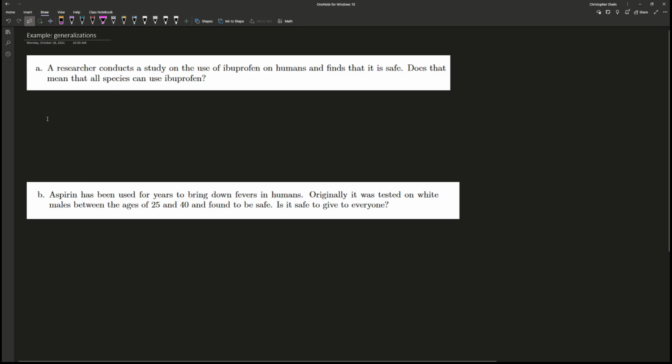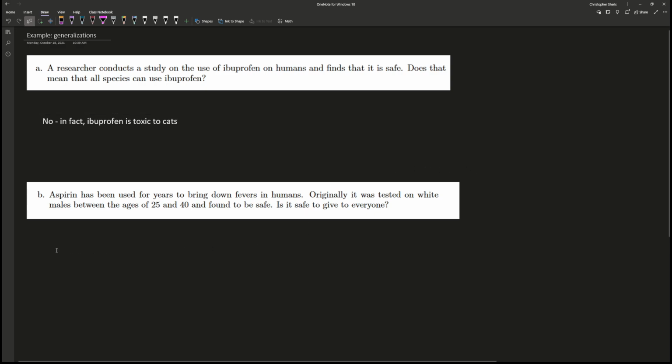For instance, you can't give chocolate to dogs or caffeine to dogs, right? In fact, ibuprofen is actually toxic to cats. You can't just generalize and say that, well, because it works on humans, it works on all species.